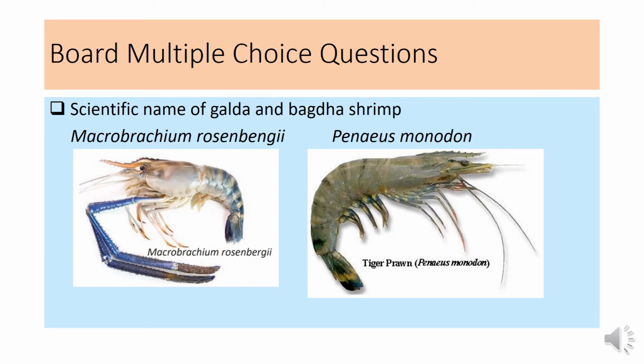The scientific name of Golda shrimp is Macrobrachium rosenbergii, and the scientific name of Bagda shrimp is Penaeus monodon. In the first image you can see a Golda shrimp, and in the second image you can see a Bagda shrimp.